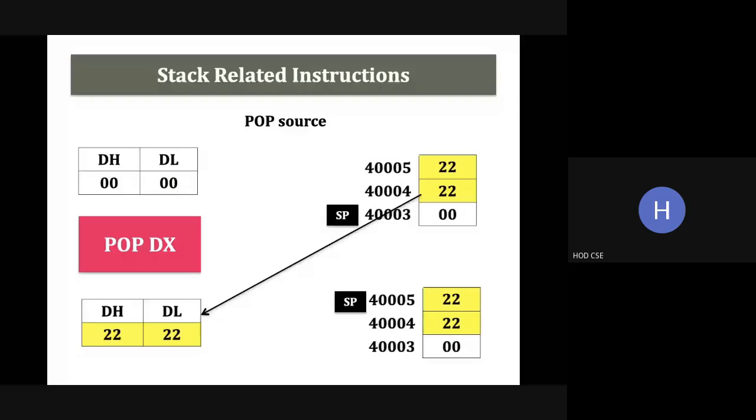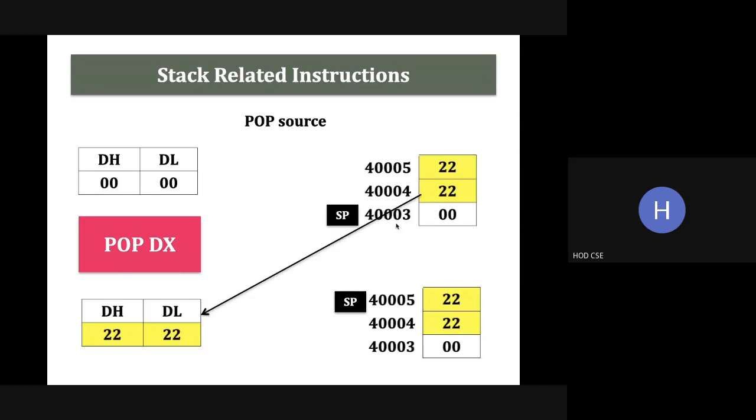And here the pop instruction is to retrieve the data from the stack memory. So whatever register is referred here, whether it is BX or CX or DX or AH, the data from the top of the stack will be popped to this register. Okay. So initially we have DH and DL as 0000, and I'm going to use this pop DX.